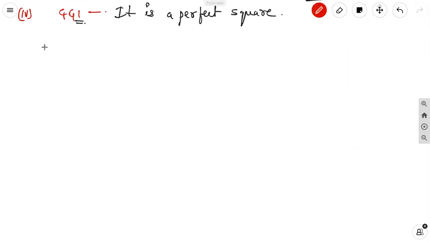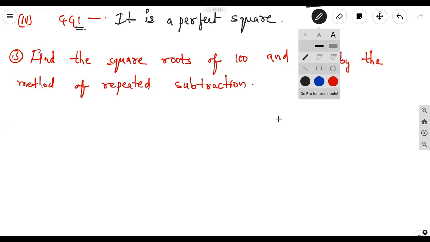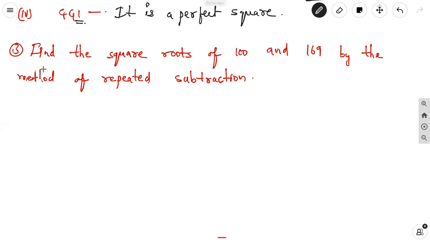Third problem. Find the square root of 100 and 169 by the method of repeated subtraction. Already we discussed this in earlier classes. Repeated subtraction means first we take odd natural numbers.